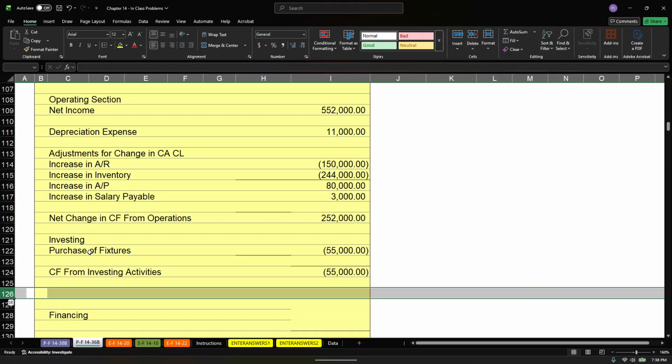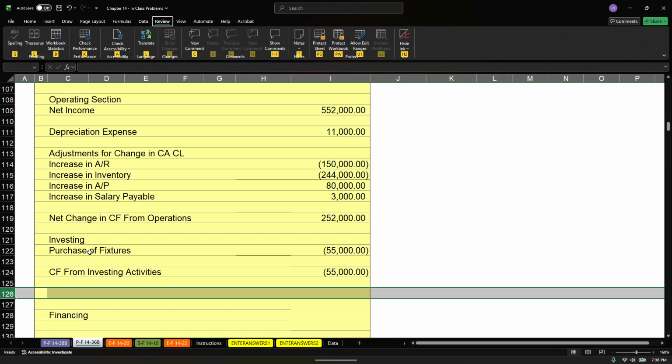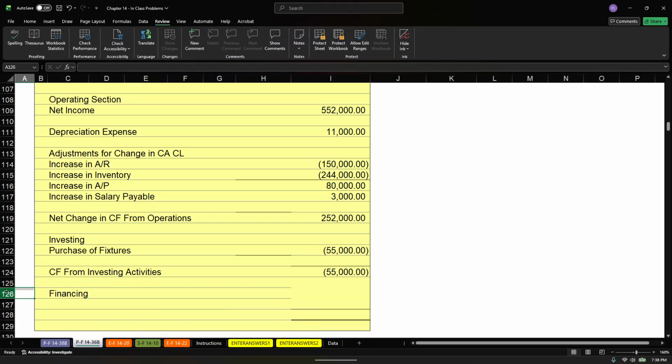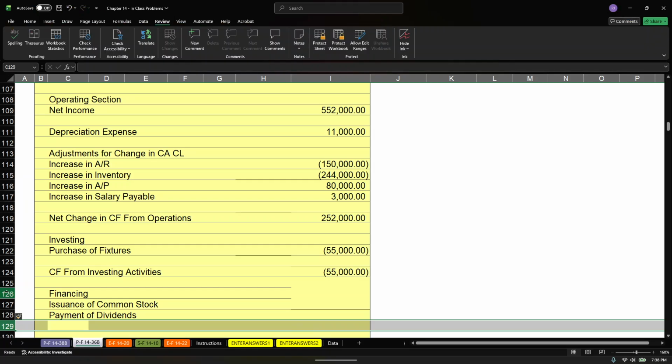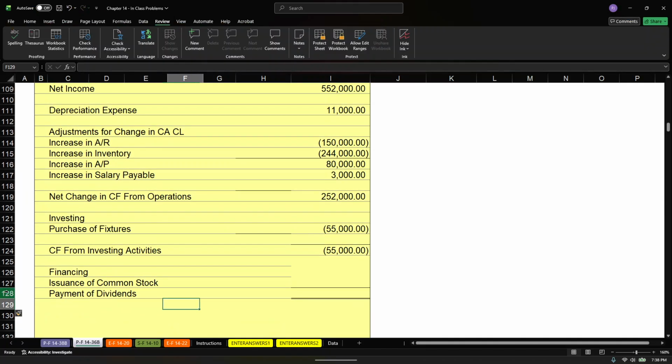What about financing activity? Yes, so we had issuance of common stock. What else? There's one more. Yes, payment of dividends. Okay, so issuance of common stock, positive or negative influence on cash?